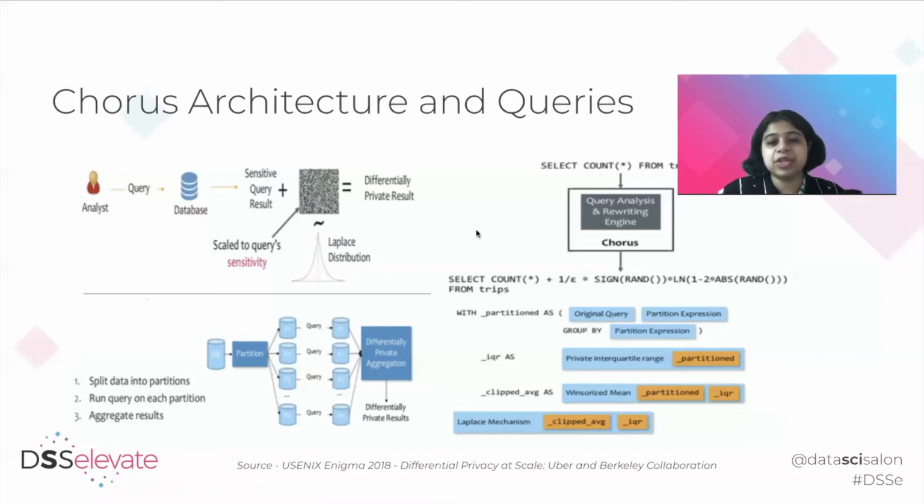No rewriting engine required. So the query is submitted, separate partitions and expressions are generated, and randomized through the use of Laplacian noise, and automatic clipping occurs, because there should not be any point which contributes a very high amount of data variance, to ensure differential privacy. So clipping the average and getting the differentially private results.